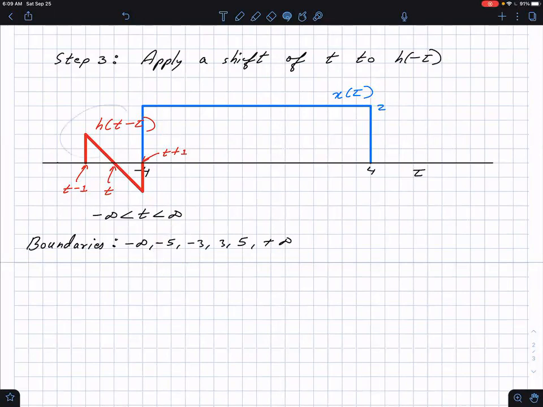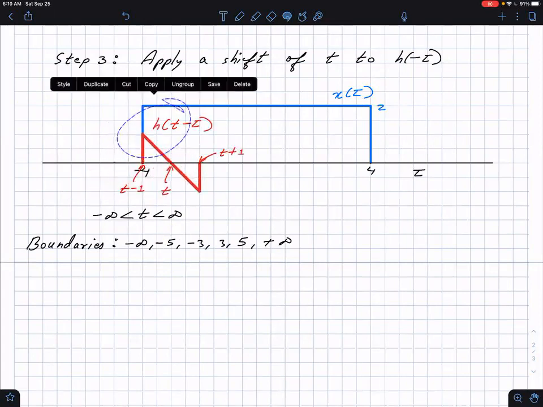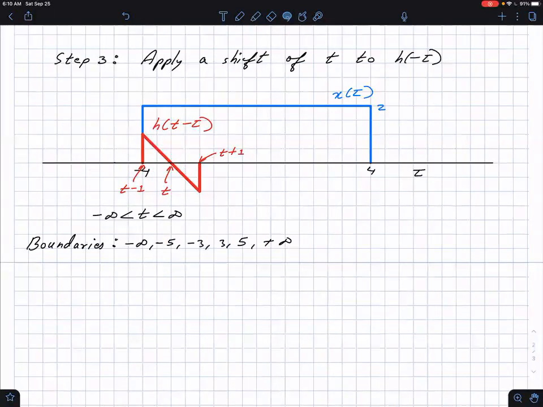And if we further increase t, the overlap between the two functions will increase, and it will keep on increasing until this shift. Now this shift is -3. So we get to this graph when t equals -3. And that is also another important point. And we write it down in our list.